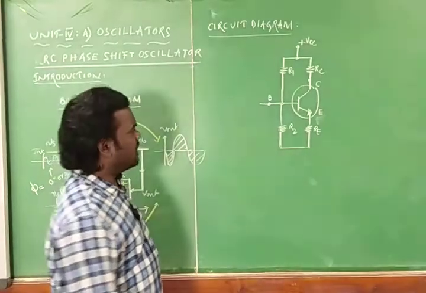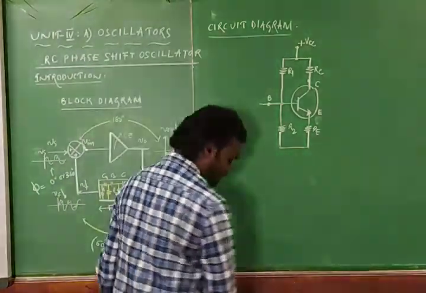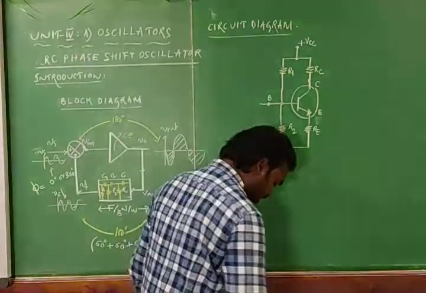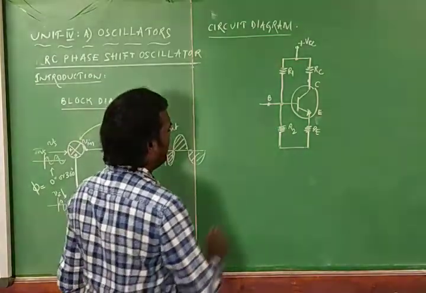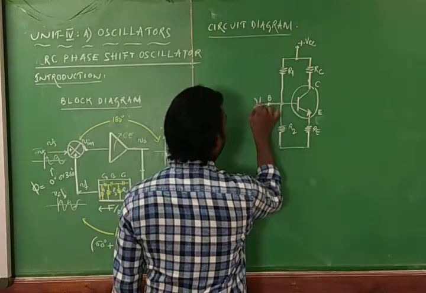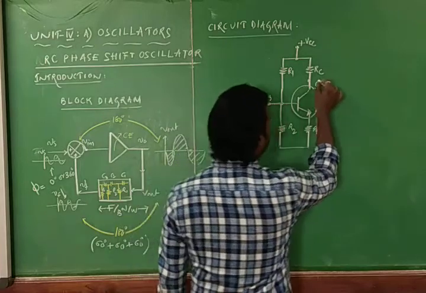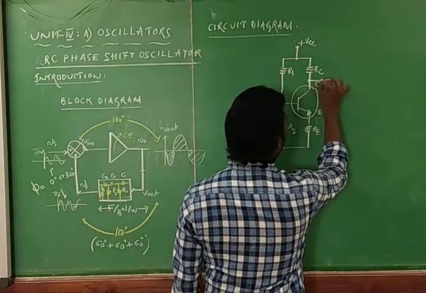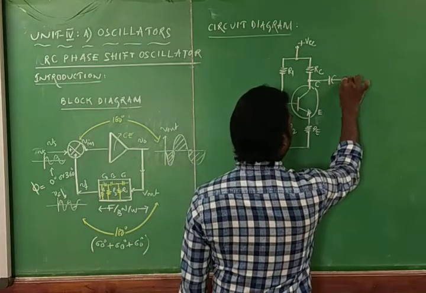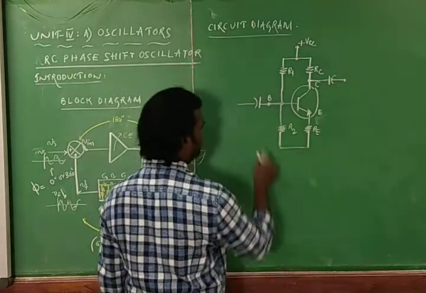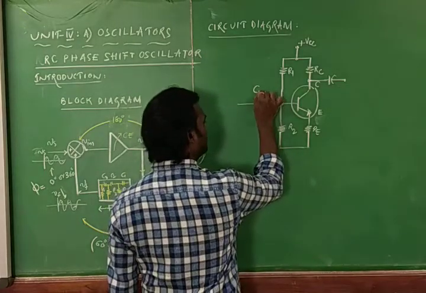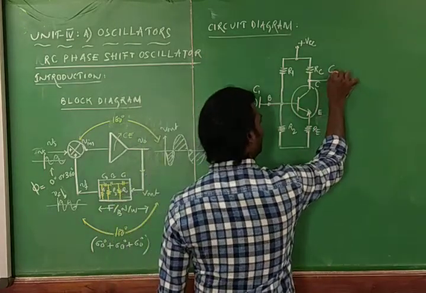To couple the input signal, we require a capacitor, and to drive the output signal to the output side, we require one more capacitor. These are coupling capacitor 1 and coupling capacitor 2.